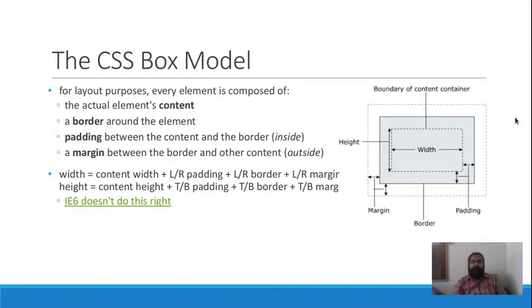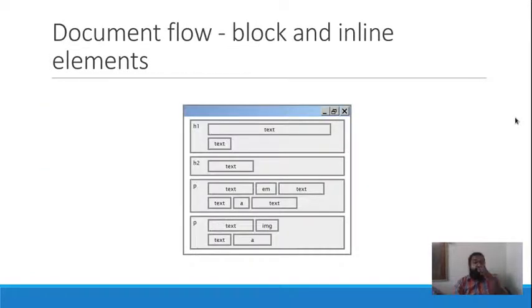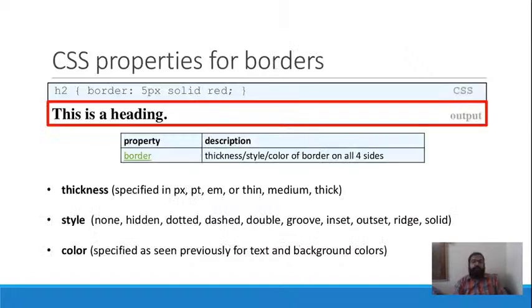Then we mentioned the CSS box model and how the document flow block and inline elements are, and how we will apply the CSS properties for the borders for a particular style. For example, in this example they have given an h2 tag as a selector, and the border has been set explicitly to 5 pixel thick, solid and red, and that's the result that we see here.